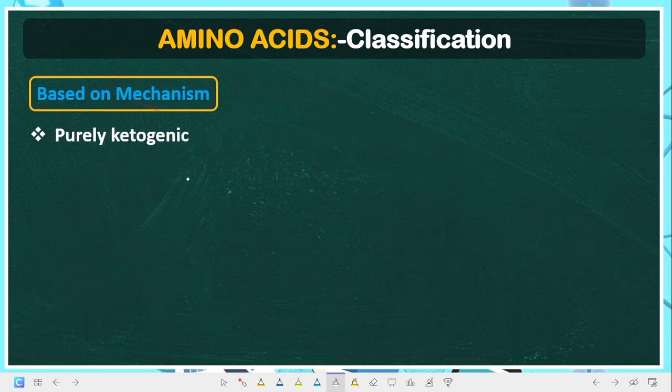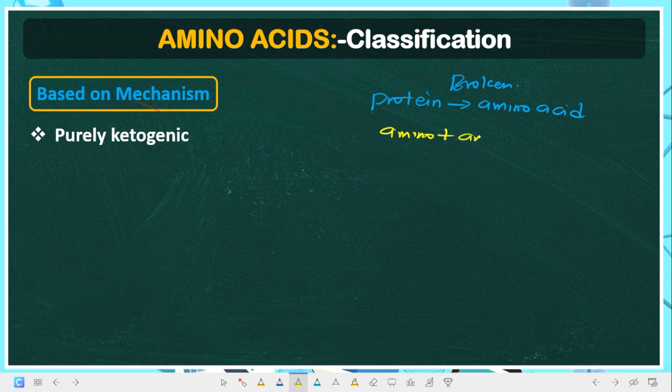Now the next one, let us attempt to classify amino acids based on the mechanism. Now we said that when proteins are broken down, we form amino acids. And when amino acids combine together, we form proteins.